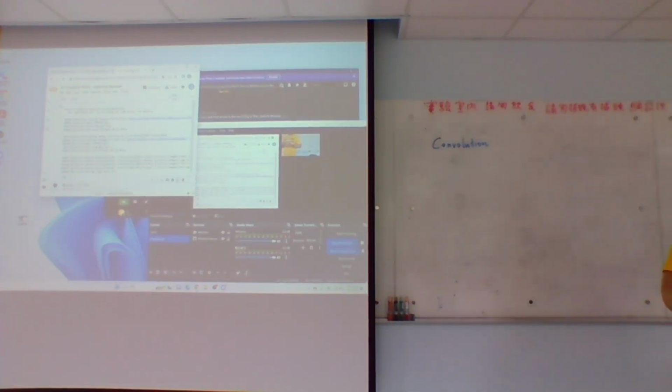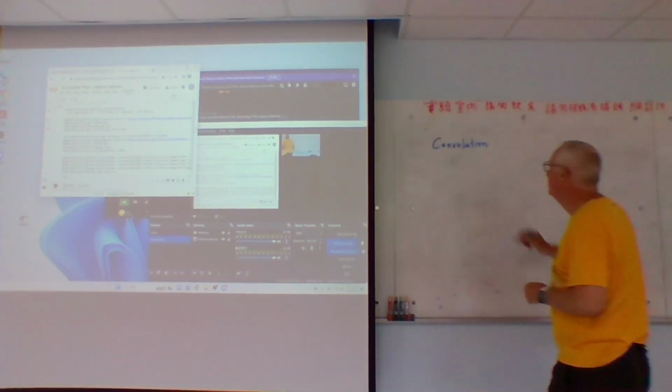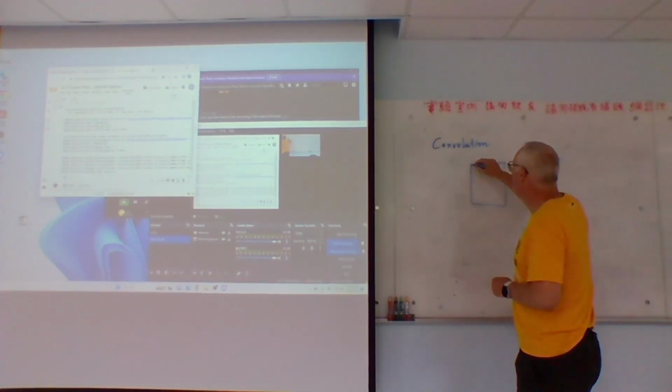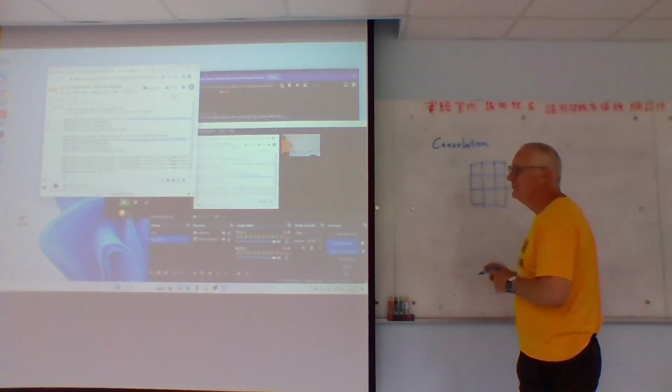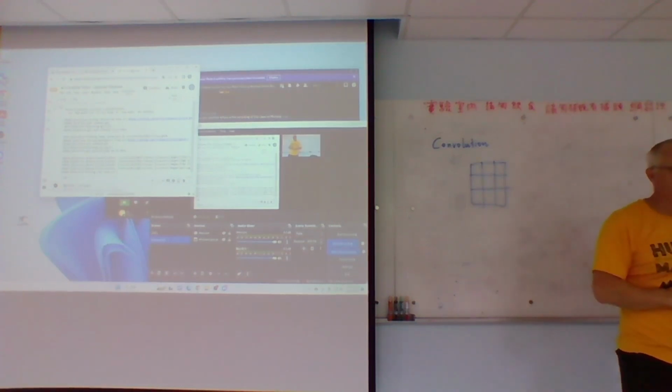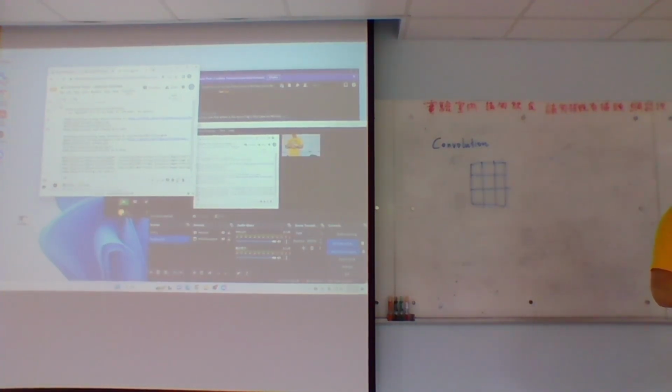So if I want to make the image darker or brighter, then what can I do with the convolution mask? All 0 and the result is maybe 0.5.